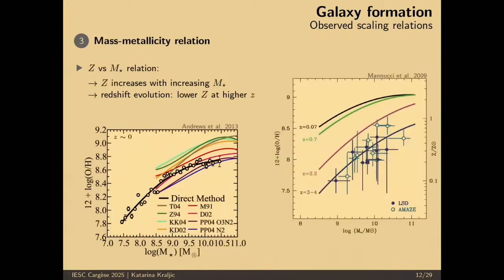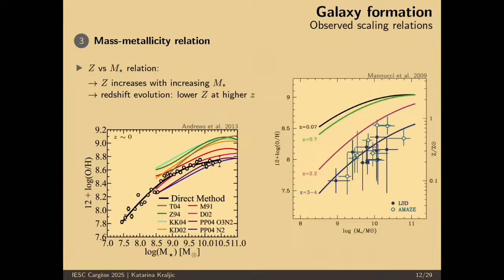So what about metals? I already said that metals should be a nice tracer of this feedback. There is this very well-known mass-metallicity relation saying that more massive galaxies tend to have higher metallicity. This relation also evolves with redshift. At higher redshift, the metallicity was lower, right?